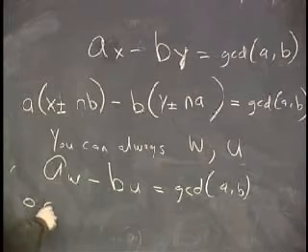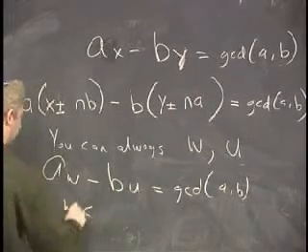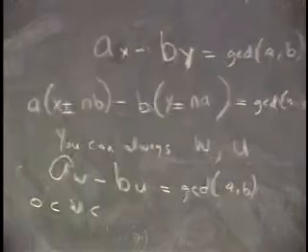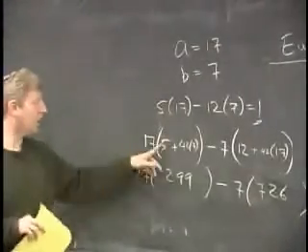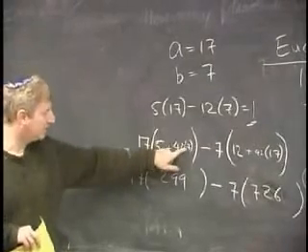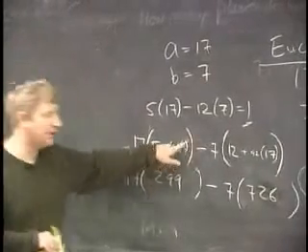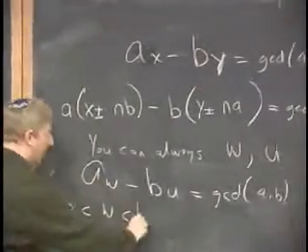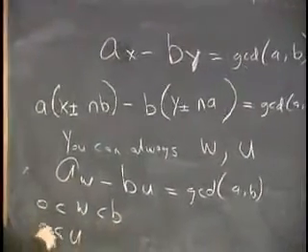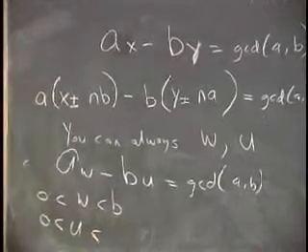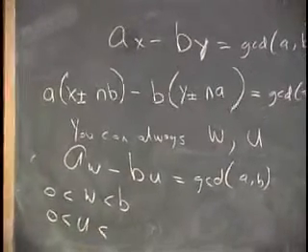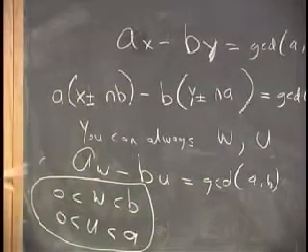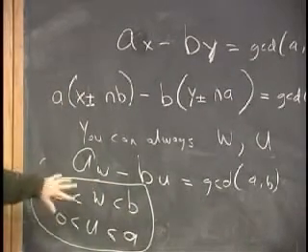W is positive, and smaller than what? Smaller than any multiple of 7 in this example. Smaller than any multiple of b. And u is bigger than 0 and smaller than any multiple of a.